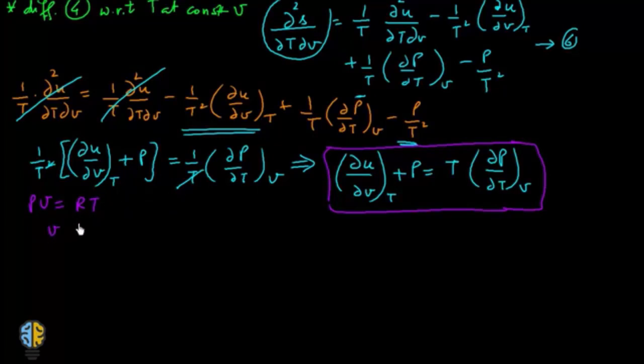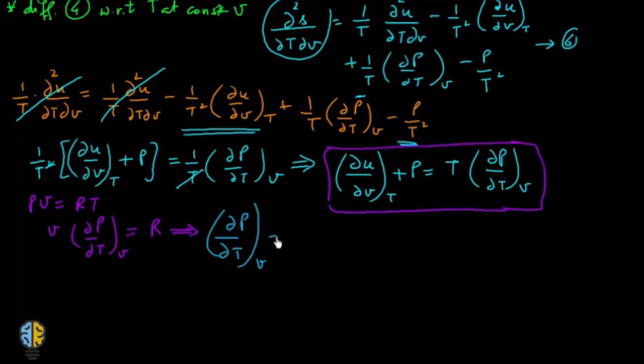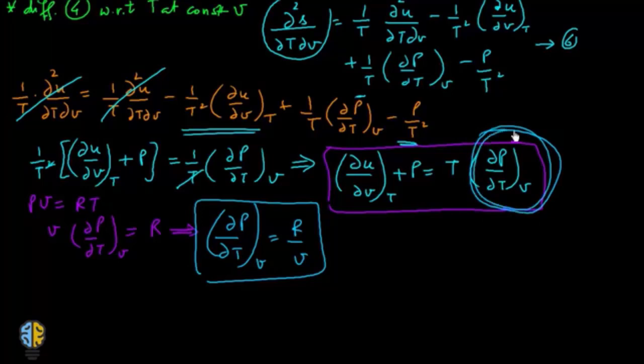So you would have V into ∂P/∂T at constant volume is equal to R. Alright, so if you again look at this, you can say that ∂P/∂T at constant volume is equal to R upon specific volume. So we are talking about this particular term over here.